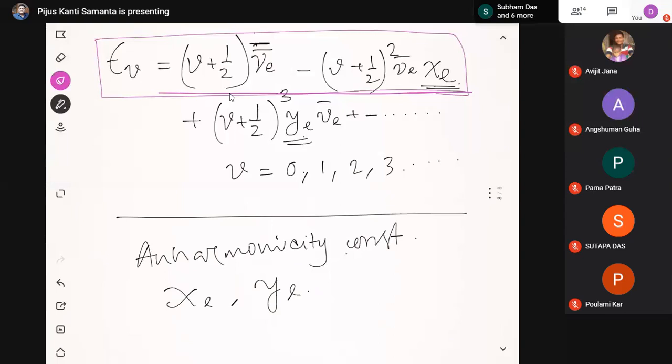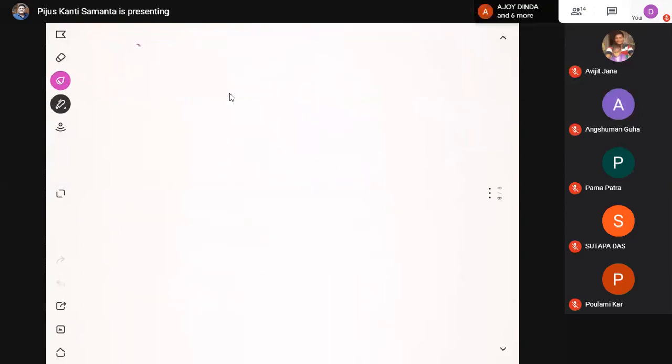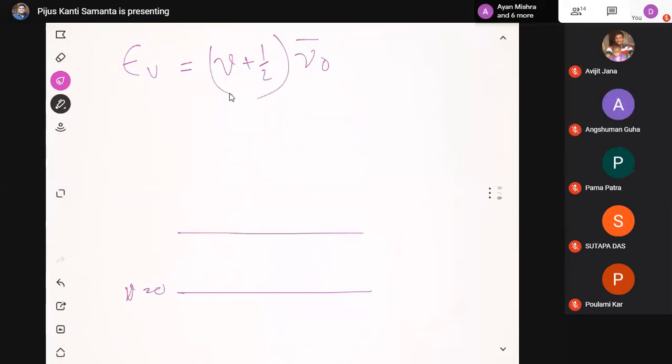Before going into the details of the spectrum, if we talk about the simple one-dimensional harmonic oscillator, in that case we have E_v equal to (v plus half) times nu-bar 0. So what are the energy levels? This corresponds to v equal to 0, and this energy is half nu-bar 0. Then 3 by 2 nu-bar 0, then 5 by 2 nu-bar 0, and so on.